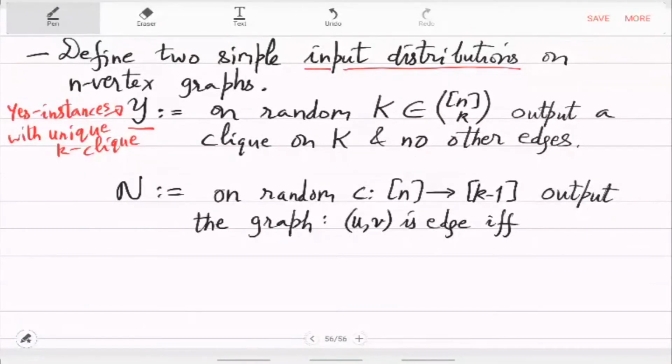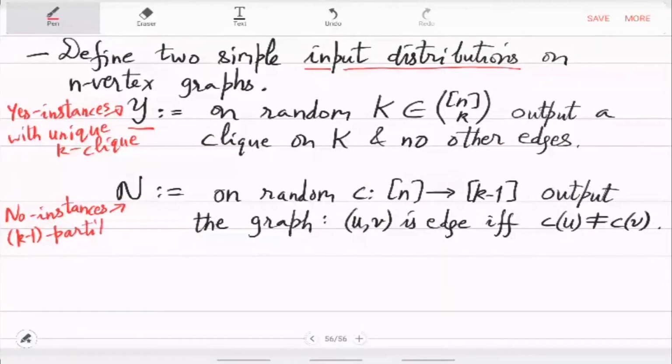Okay, so this is a k minus 1 multipartite, k minus 1 partite graph. So these are no instances. So you are just outputting a random k minus 1 partite graph.